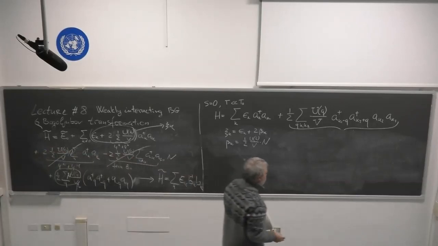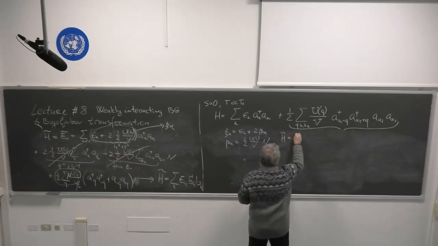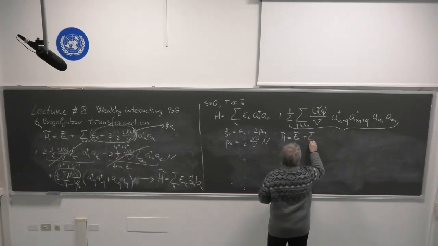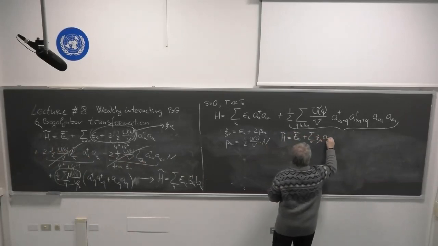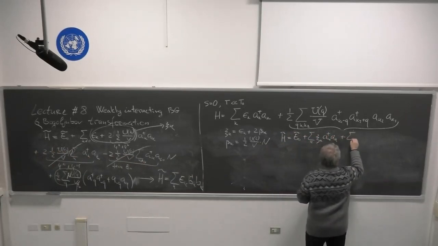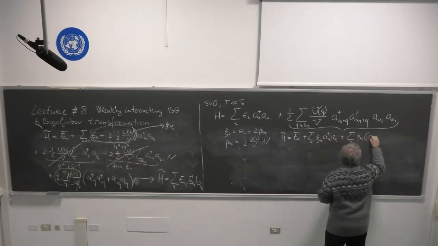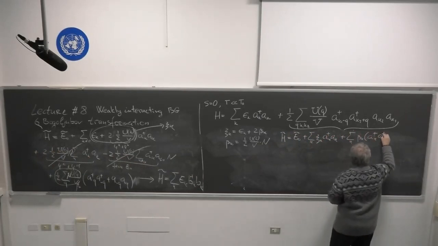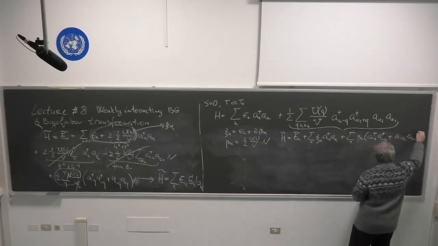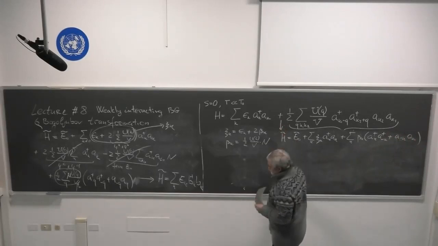Assuming that, I can write down my Hamiltonian H tilde equal to E naught tilde plus sum over k psi k A dagger k A k plus sum over k beta k (A dagger k A dagger minus k plus A minus k A k). So we proceed from H to H tilde.